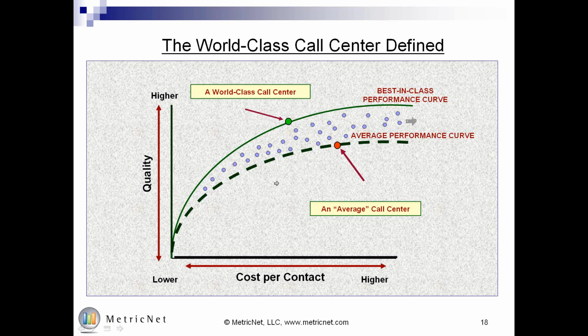Now, some people ask me, well, gee, is quality driving cost or is cost driving quality? It really depends on your organization. Some companies are very quality driven, and they strive to achieve absolute levels of quality in terms of service levels, customer satisfaction, net promoter score, first contact resolution rate, and so forth. And that focus on quality will drive the cost.